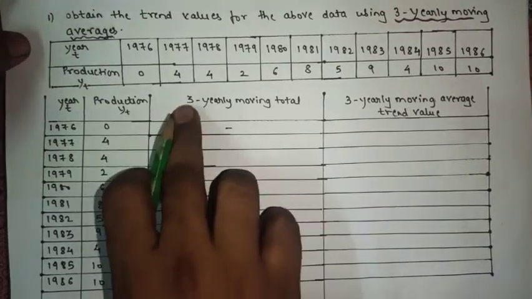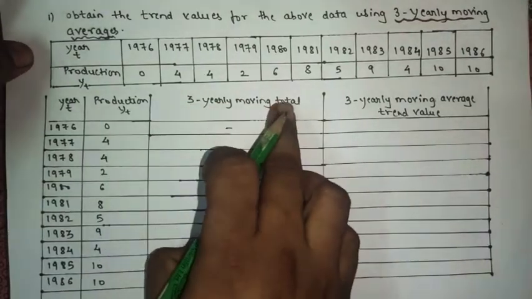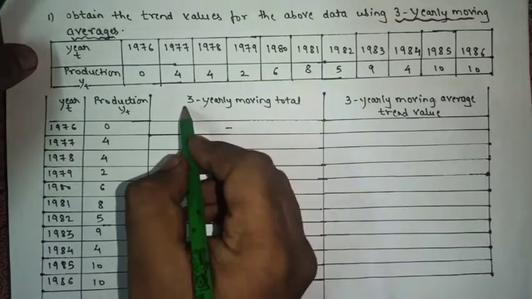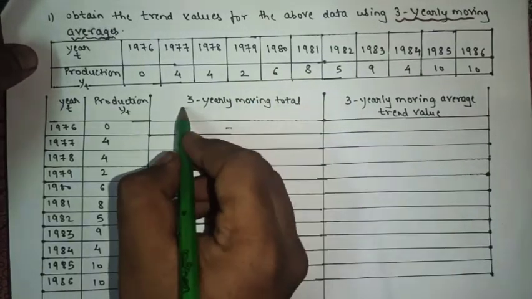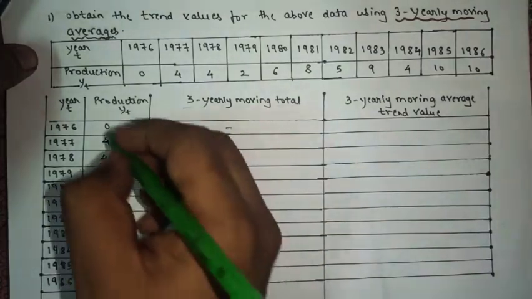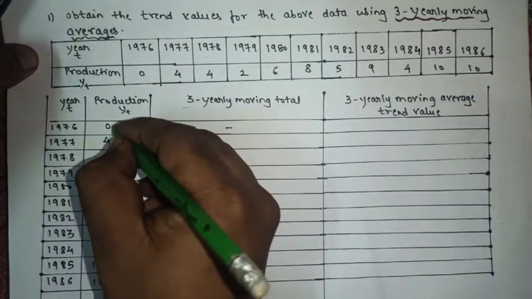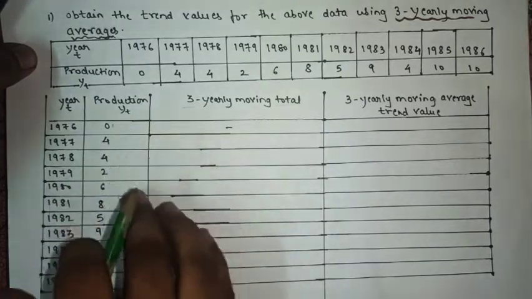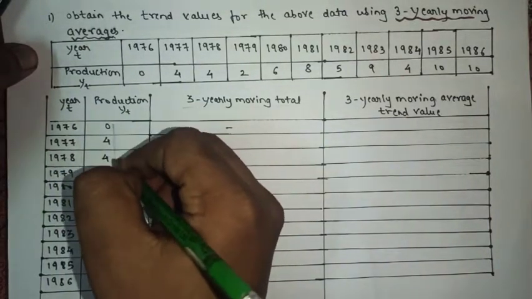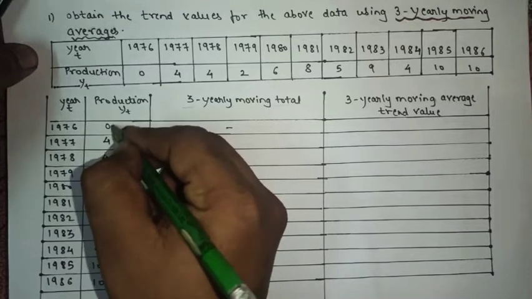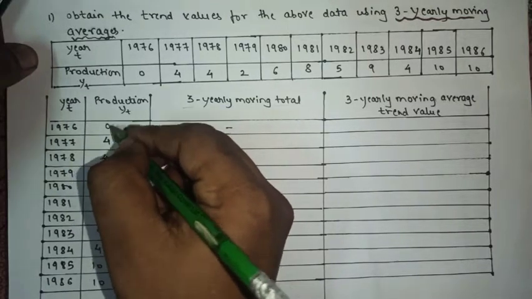Okay, listen here. 3 yearly moving total means what? Now you will add 3 numbers. Total means adding 3 numbers. Now we'll see how to add. So first we'll take 0, 4, 4. I'm drawing this line just for explanation.